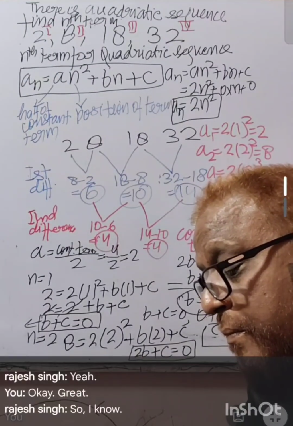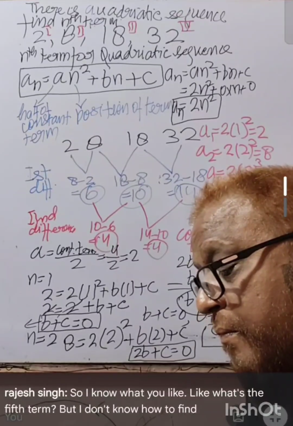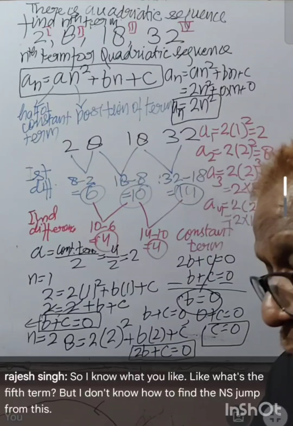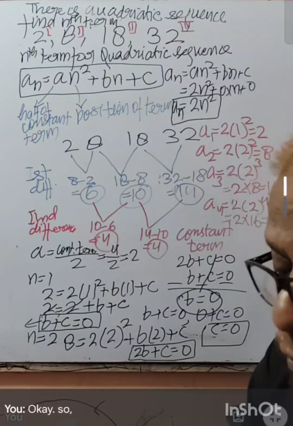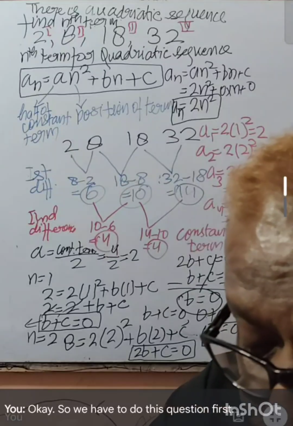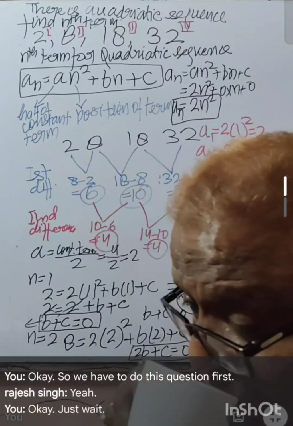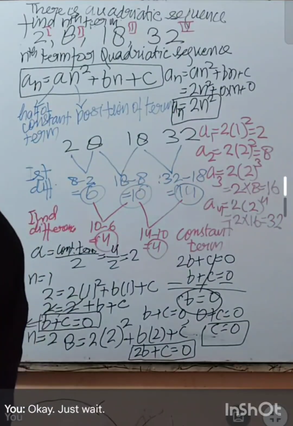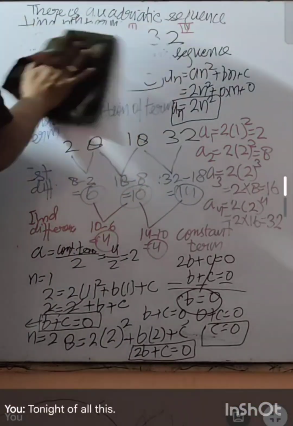So I know the fifth term, but I don't know how to find the nth term from this. Okay, so we have to do this question first. Just wait. Should I rub all this? Yeah, you can rub it.